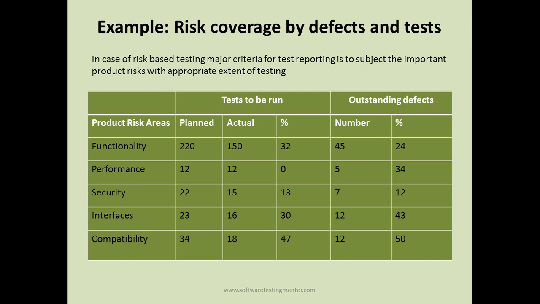Based on the risks, you have identified these are the high risk areas, and you have planned some test cases. Then how many actual test cases have been run, what is the percentage of test cases that still need to be executed, and what are the outstanding defects against these functionalities.